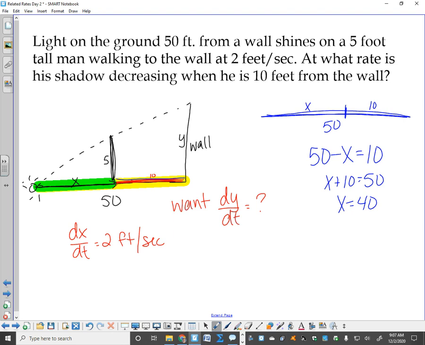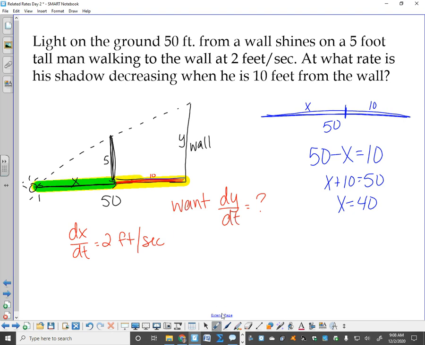I have no formulas here. I mean, I can go Pythagorean, because these are right triangles, in fact, there are two of them. There's a little one and then there's the big one. But I don't care about the hypotenuse. Like, that's not what I'm interested in. What I'm going to do is look at ratios of triangles.